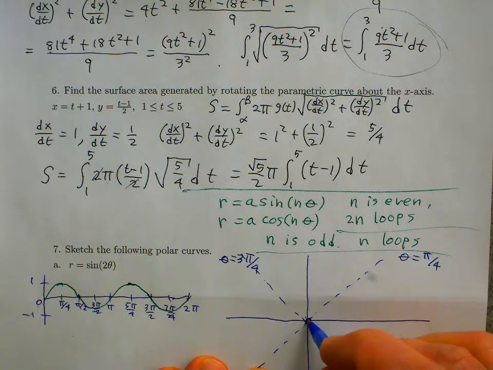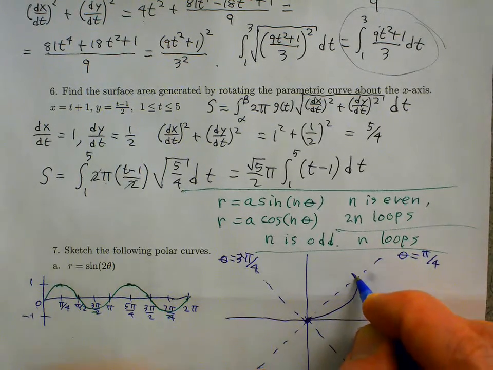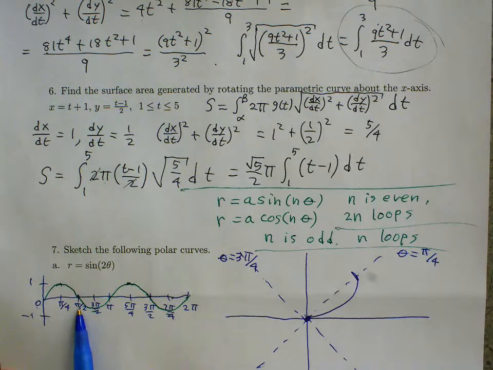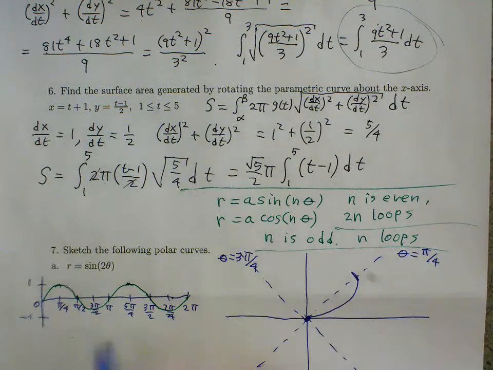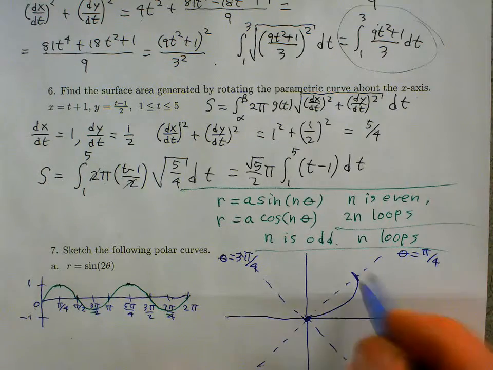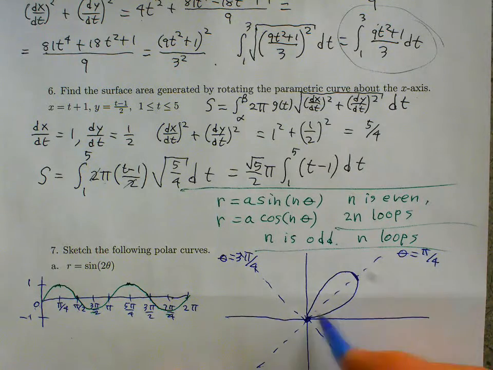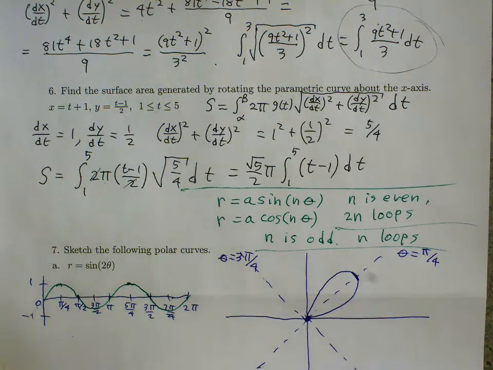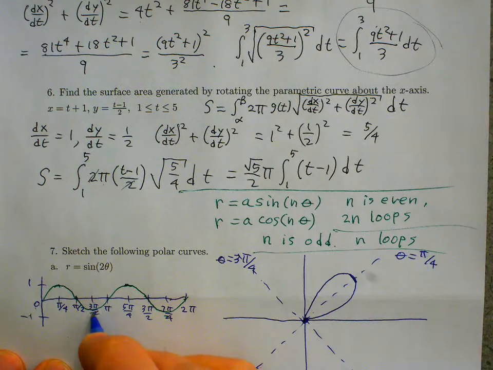So that's the first half of the first loop. Then between pi over 4 and pi over 2, the other half of the loop, we go back to 0 at pi over 2. So this is the other half of the first loop. Okay, then between pi over 2 and 3 pi over 4, sorry.